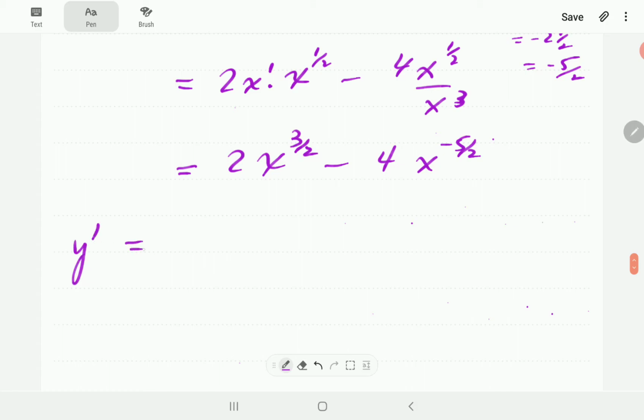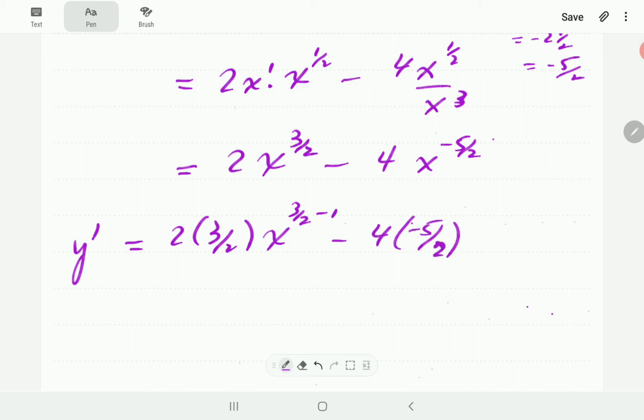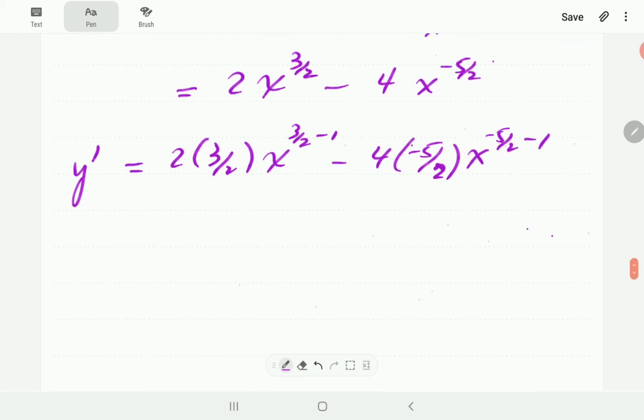So when we differentiate, we multiply by the power here, subtract 1, so 3/2 minus 1, 4 times the power, and then power -1.